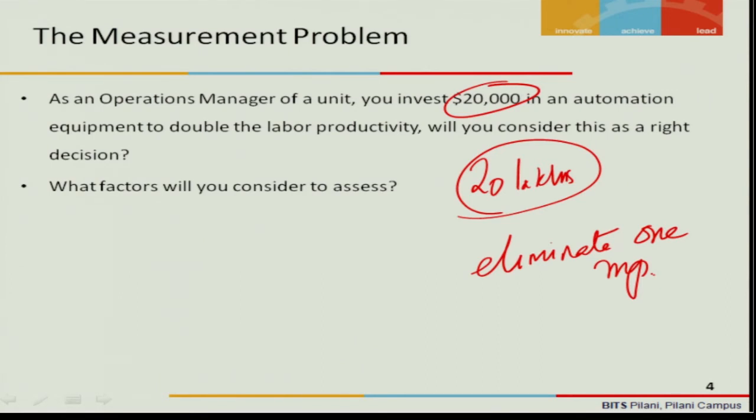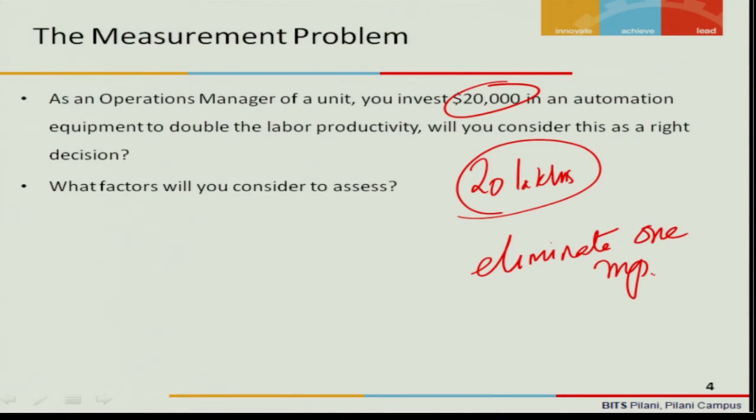Here, when you try to calculate the productivity, if you go with a single factor productivity, the benefits will be very immense because you are eliminating one manpower altogether. So your productivity will show substantial improvement in terms of labor. But if you take a multi-factor productivity, you will take the savings in manpower.